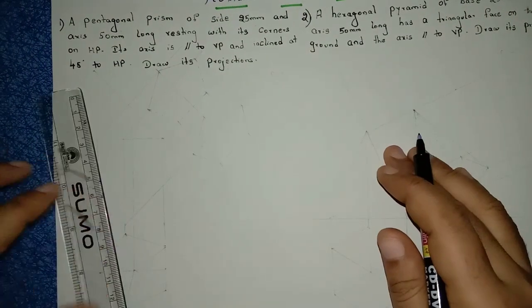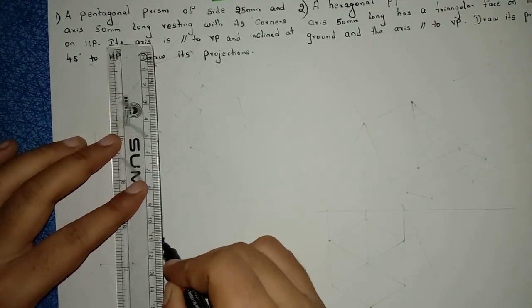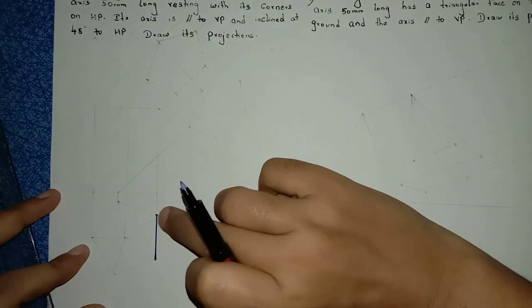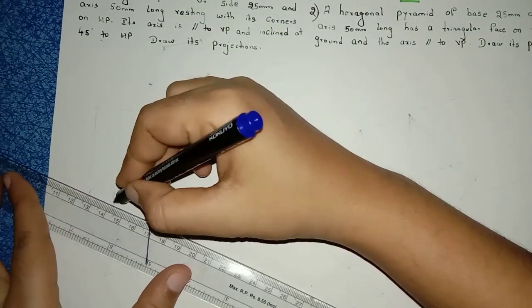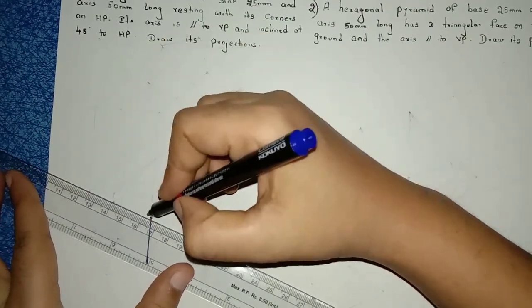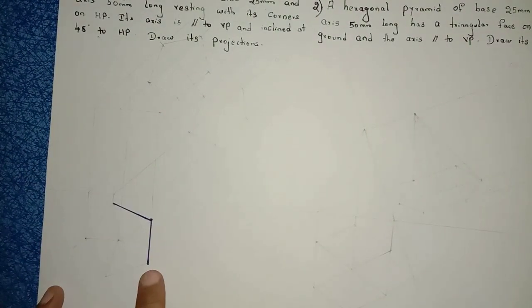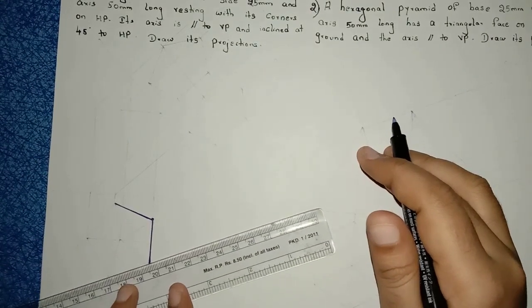The angle for a pentagon is 108 degrees. Right? So length is here 25. Keep your protractor on this line. From this point, mark 108 degrees. Again place your protractor on this point. Mark 108 degrees. Length is 25 mm.